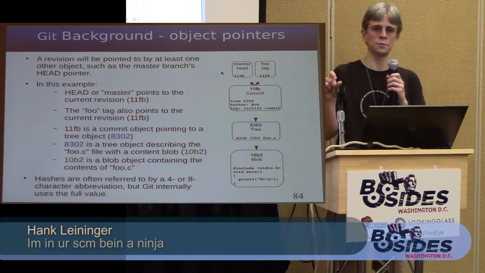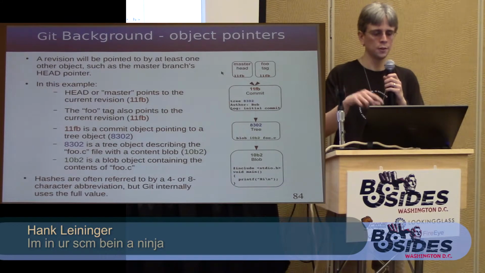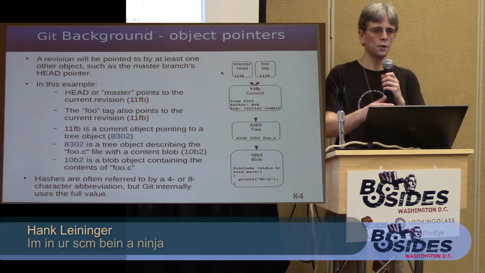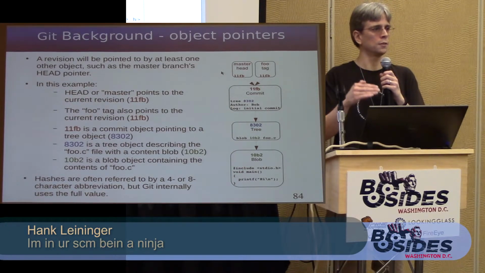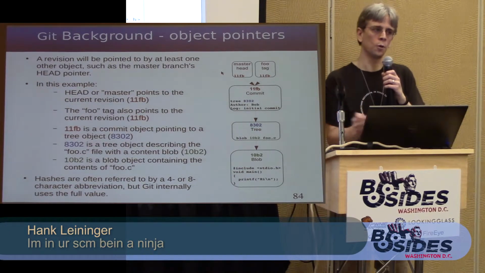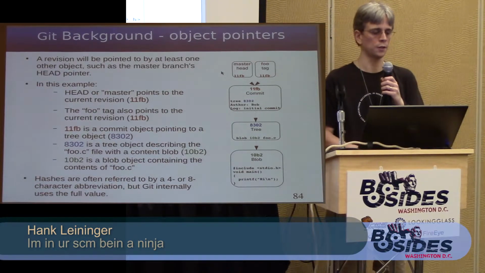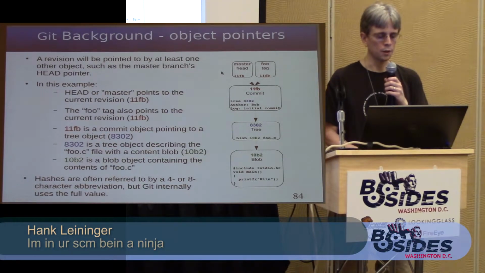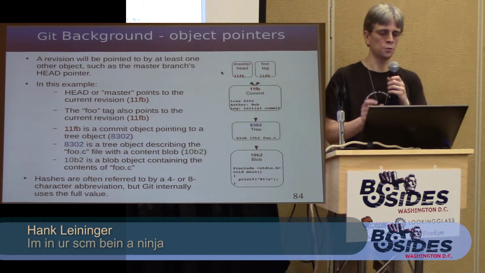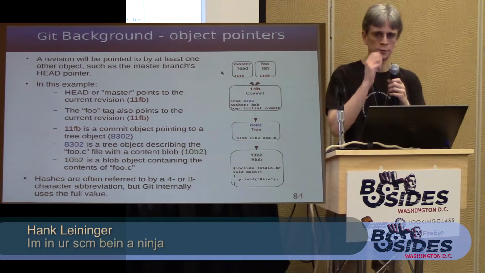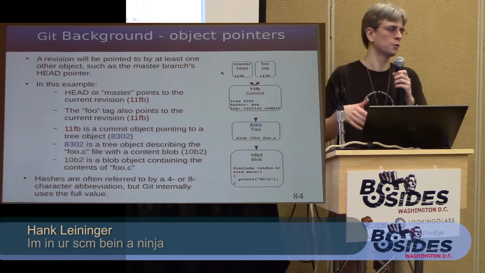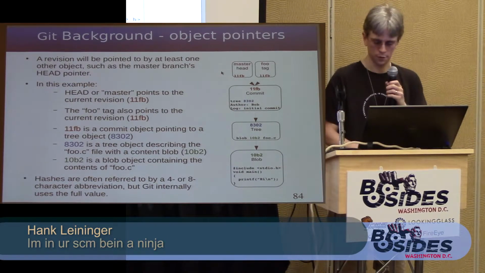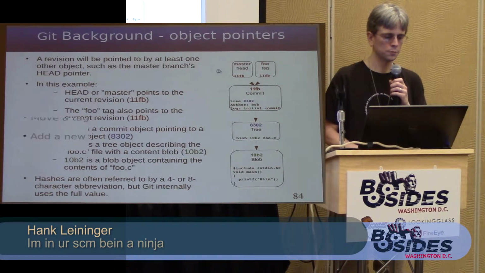It's just a text file under refs that contains the checksum or name of the object that's the head revision. Then you can walk backwards from there to piece together all the rest. I'm going to consistently use only a 4-character short name for revisions, but Git internally uses the full length of a SHA-1 sum as the object name.